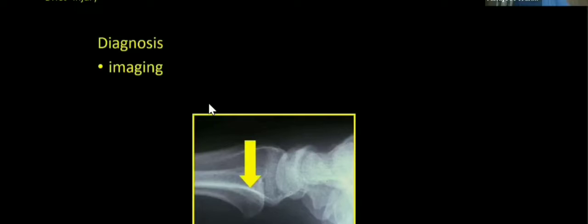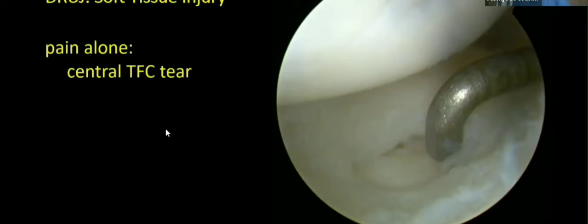You may have, like I said, a subluxation on imaging. After you have completed your clinical examination, you would order a radiological investigation. When you have a patient who presents with pain alone, this could be because of a central TFCC tear.